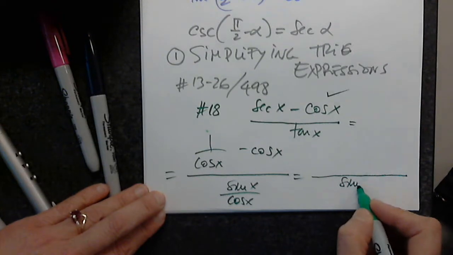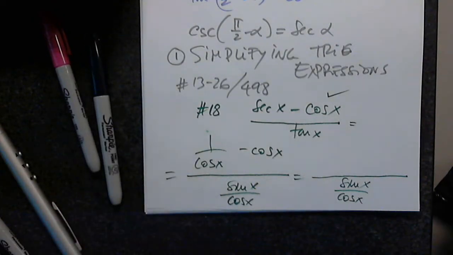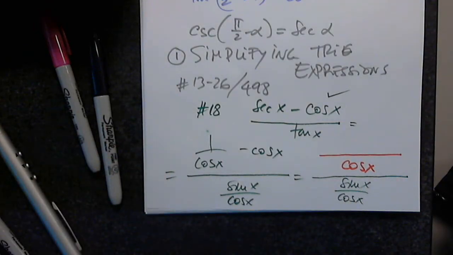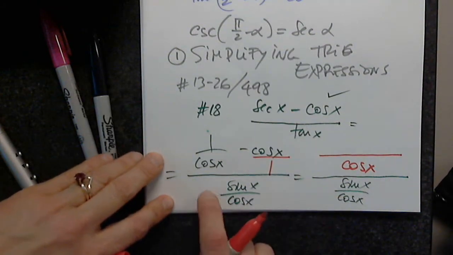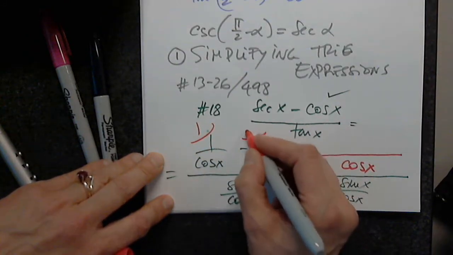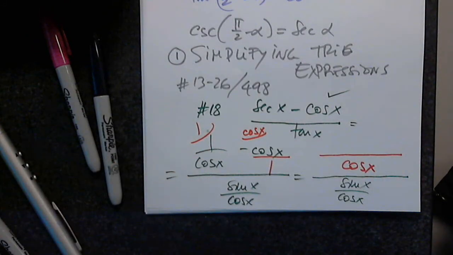The denominator stays as is for now, but I have to do something with the top. I need to find the least common denominator, which is cosine x. And then what do I have at the top? Remember, this is over 1. Cosine was multiplied by 1. All the other rules apply. So what is the top?